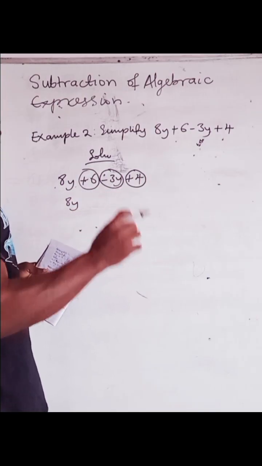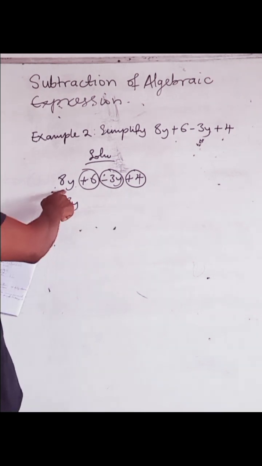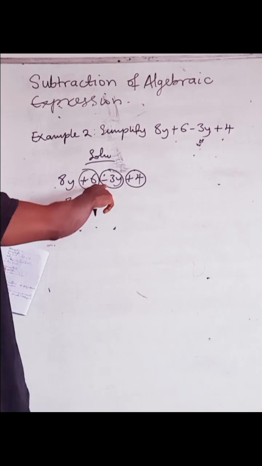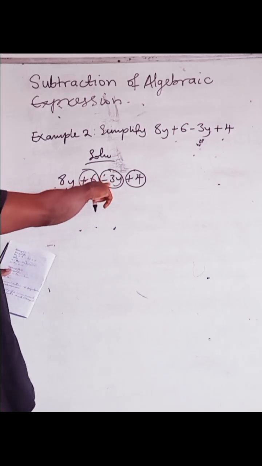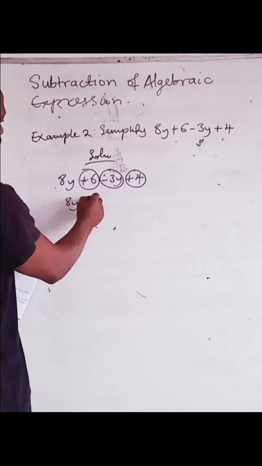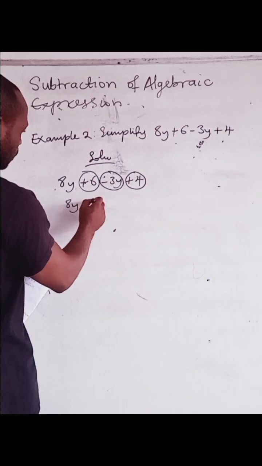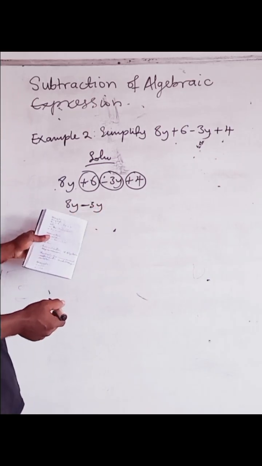Remember to always move the sign along with the number. So this is 8y, and this negative sign, because it is attached to 3y, we are going to move minus 3y.